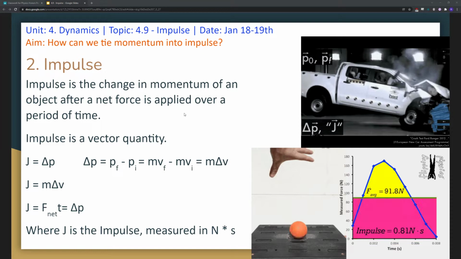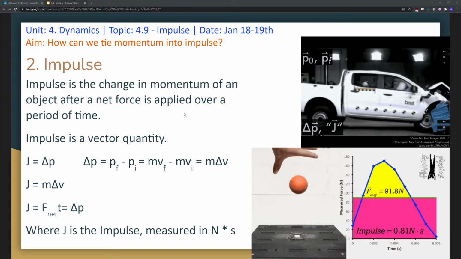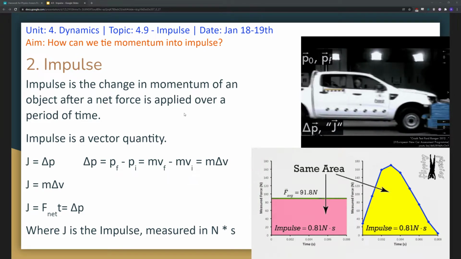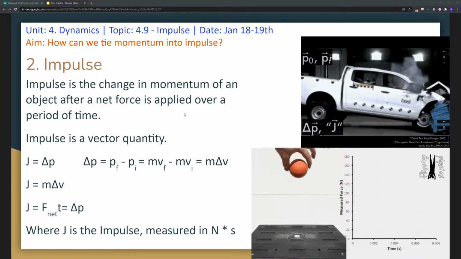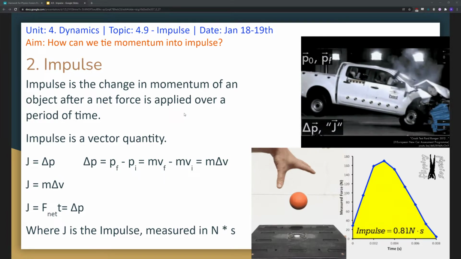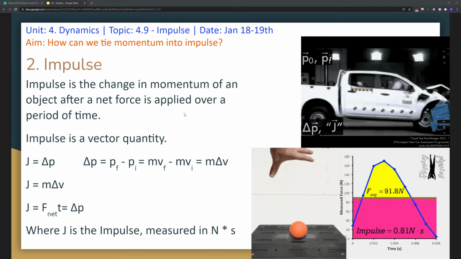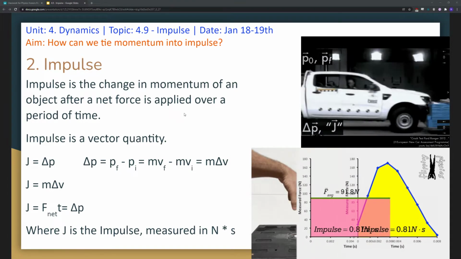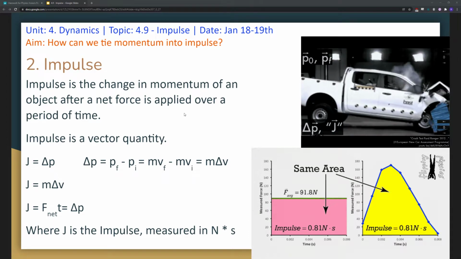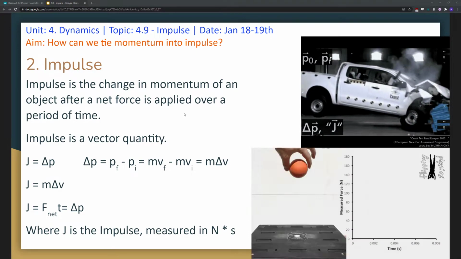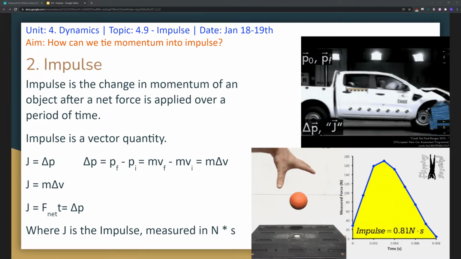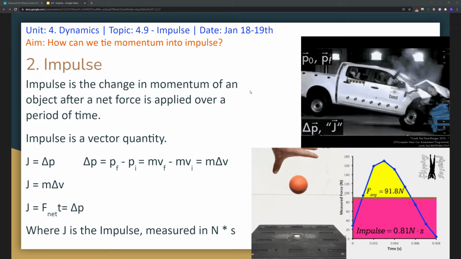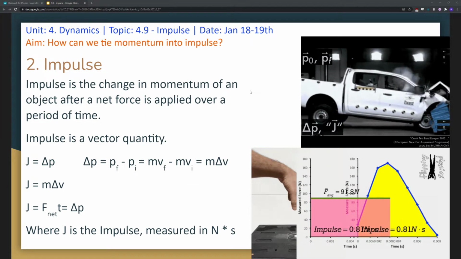And the airbag and the seatbelt increase the amount of time even further. Your airbag is soft, but that's beside the point. The airbag increases the amount of time it takes for the force to be applied. And a few milliseconds is the difference between you living and you dying, and that's all it takes.